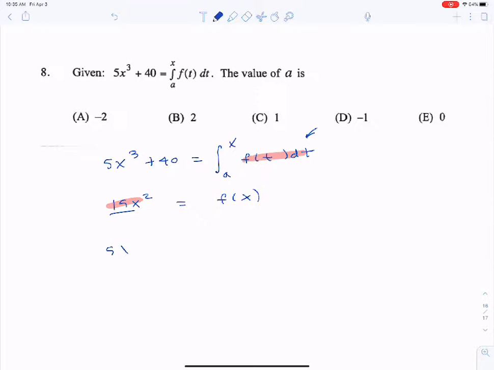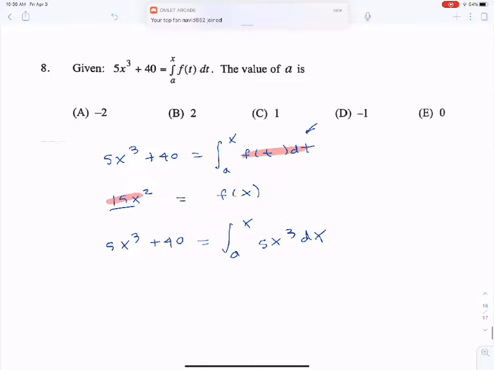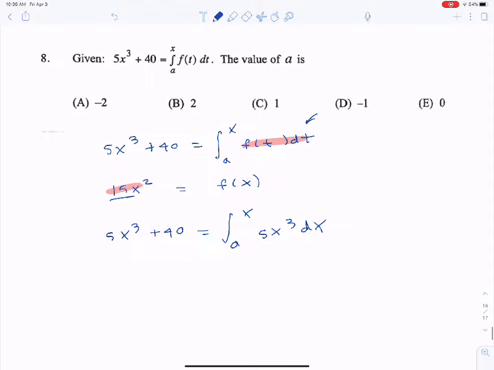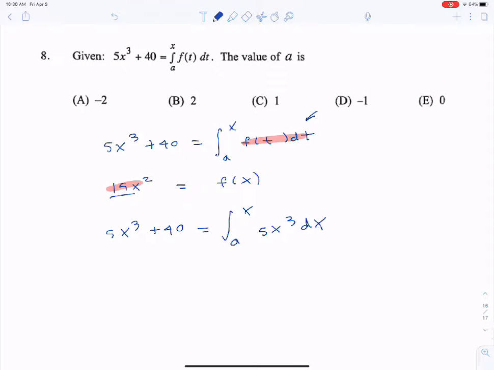So I get 5x cubed plus 40 equals this. From there, I'm going to integrate the right-hand side. So I get 5x cubed plus 40. Sorry, that was 15. I made a mistake. Let me replace that correctly.